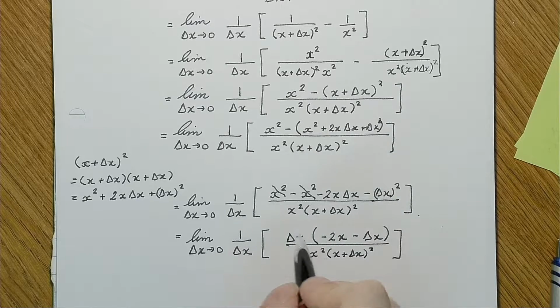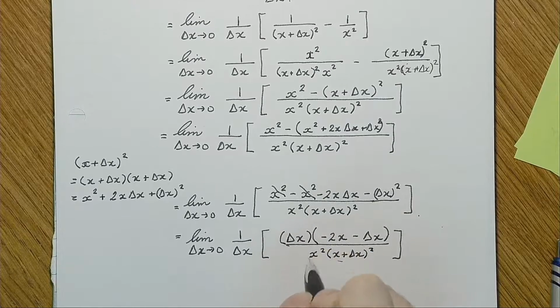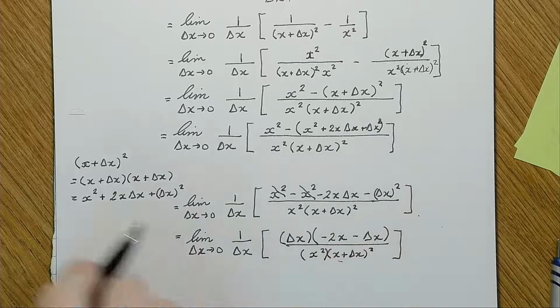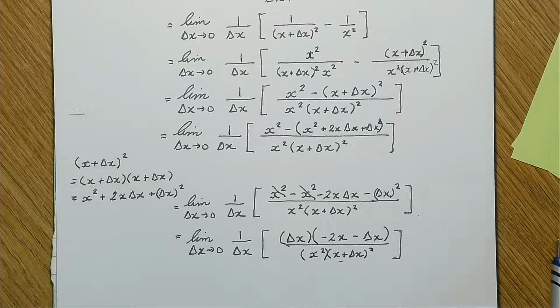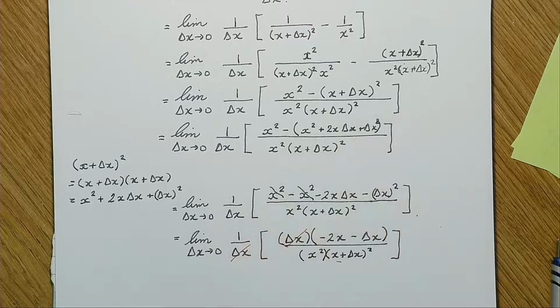This is where I can cancel. So I have delta x times this, and this is x squared times this term over here. They're just multiplications. I have this term and this term being multiplied, and it's being multiplied by 1 over delta x. So here I can cancel this part right here. So that's good.